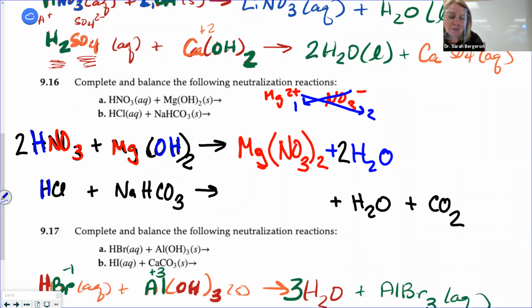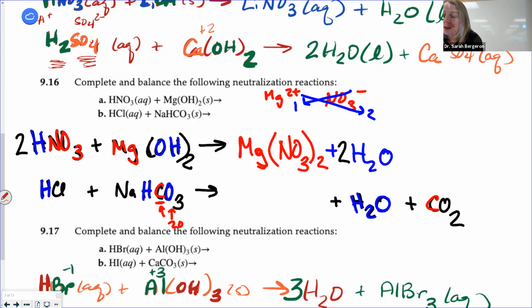So I took a hydrogen from here to make water. I took a hydrogen from here and I took 1 oxygen. So what am I left with? I took 2 hydrogens and an oxygen. I'm left with a carbon, and I have 2 oxygens left.